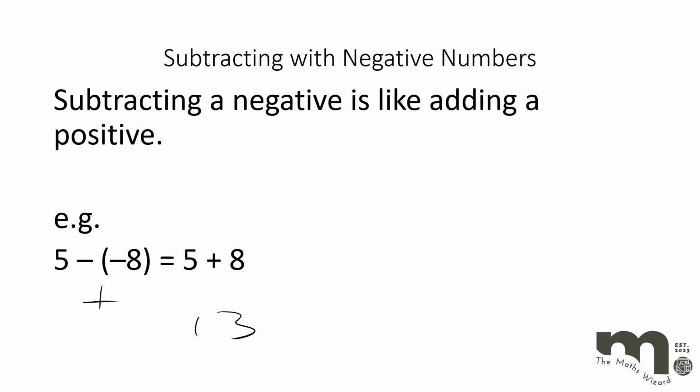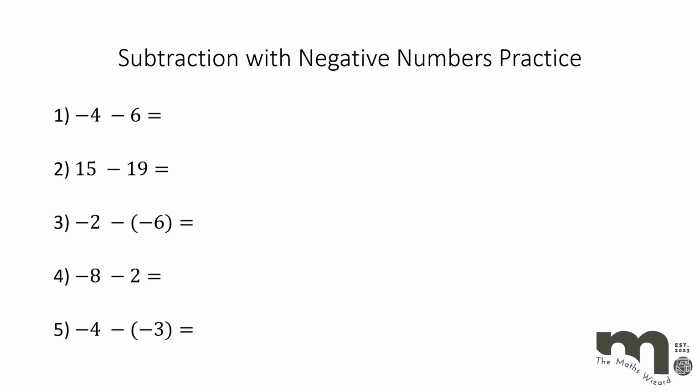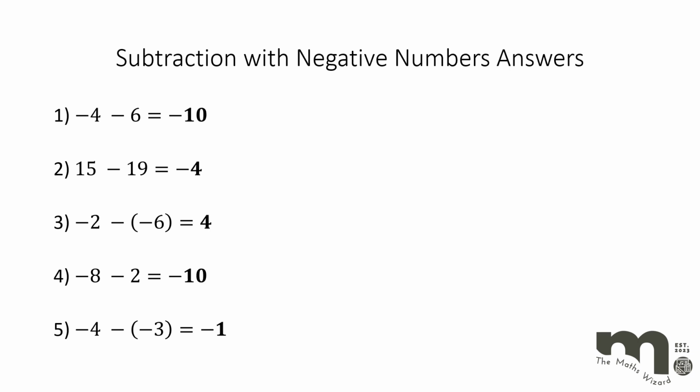So that's how we practice with these. So if you pause your video and have a go. Okay, so if we take a look at this then, here are your answers here. So on this one here, when you get minus 10, we're starting with minus 4, and then we're going backwards away from 0.